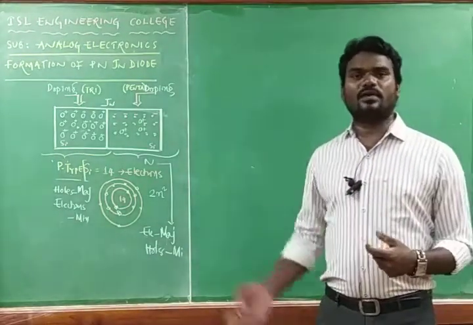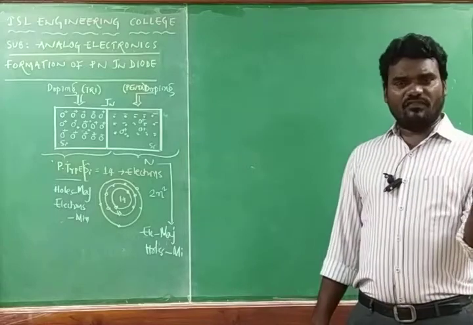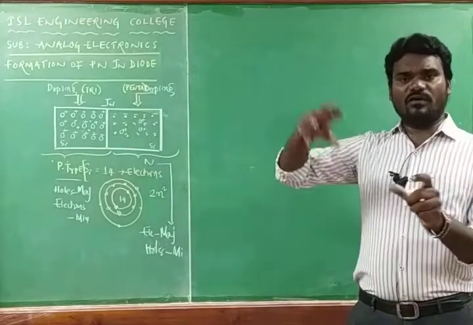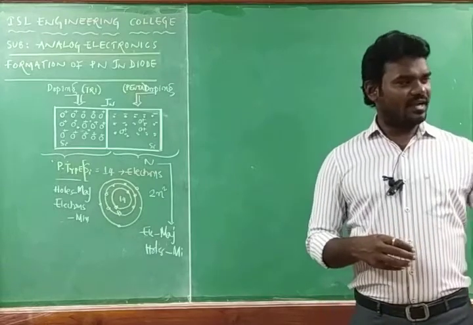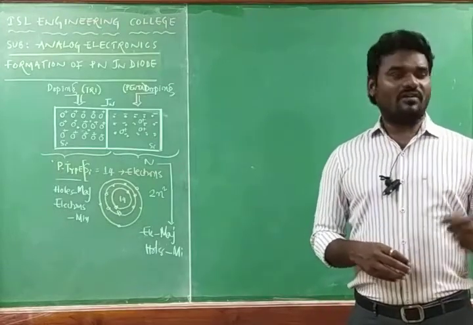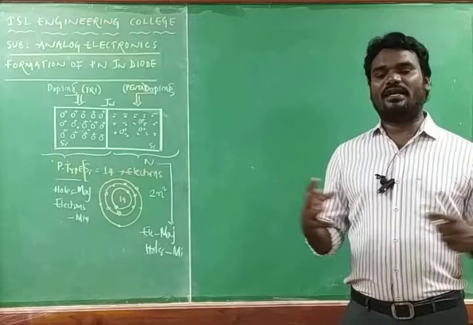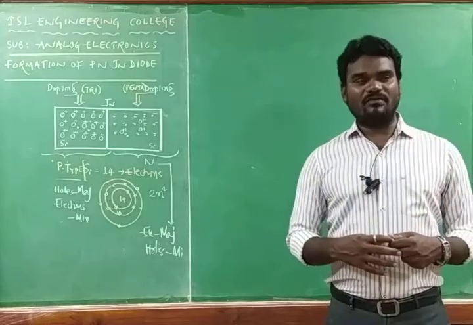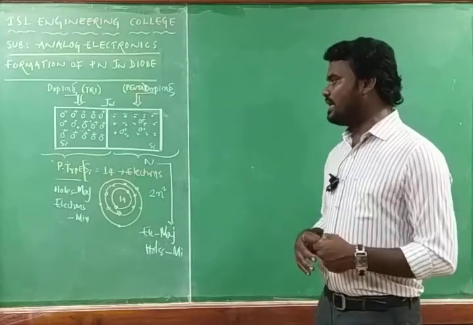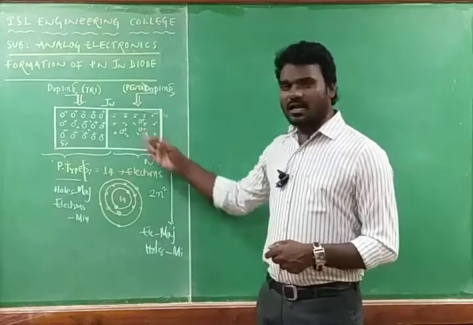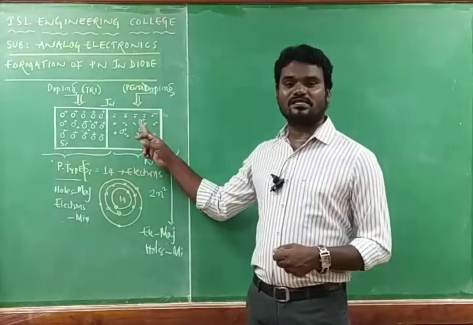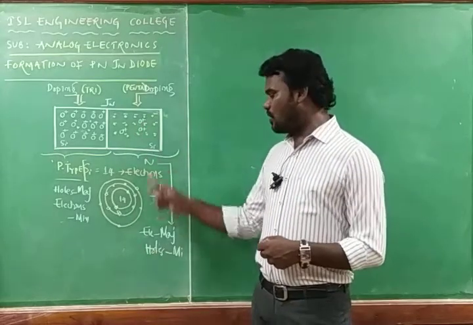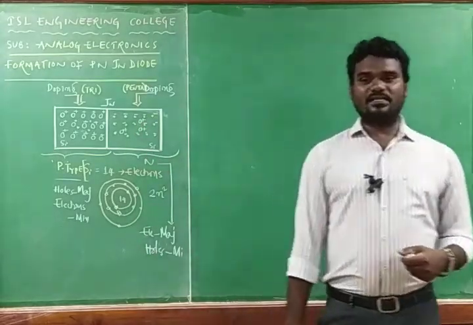In case of the N-type semiconductor, we are doping with a pentavalent element. Pentavalent elements have 5 valence electrons, so 4 of the 5 take covalent bonds and 1 electron will be a free electron. So in the N-type semiconductor electrons are more than holes, so electrons are named majority charge carriers and holes are named minority charge carriers.